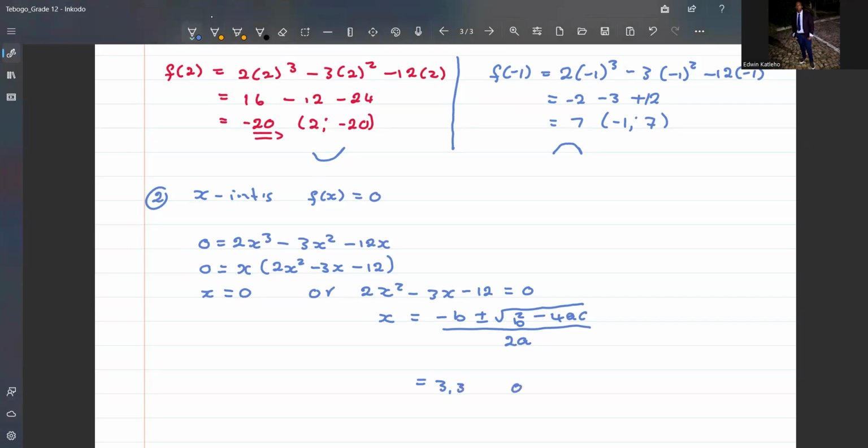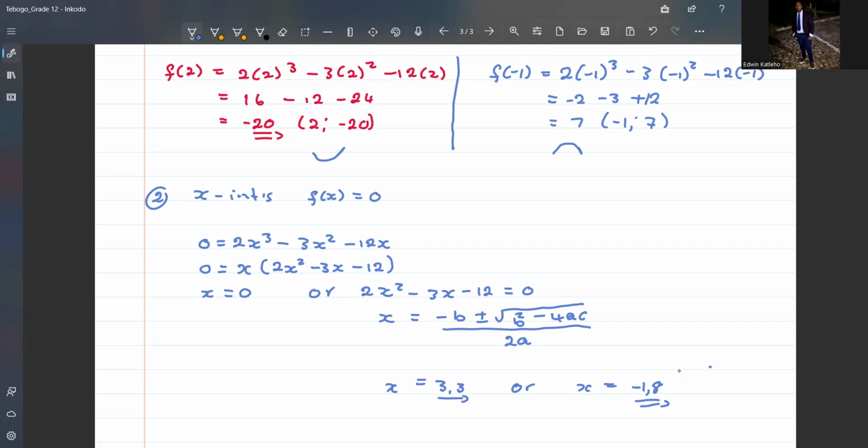The other one is going to be x equals, it has to be a negative number. Let's see, the second one is negative 1.8. So those are the 3 x coordinates or x-intercepts that I found.